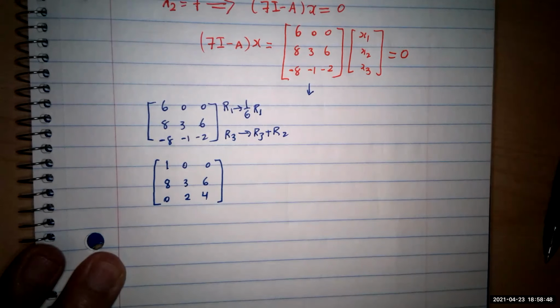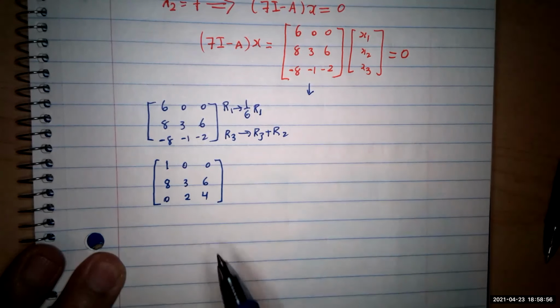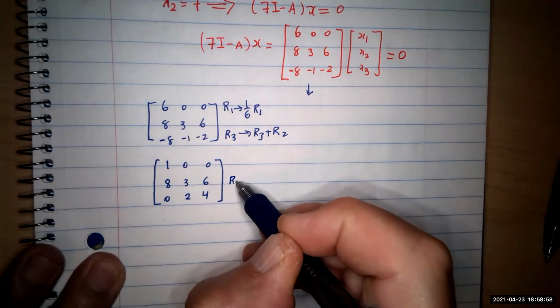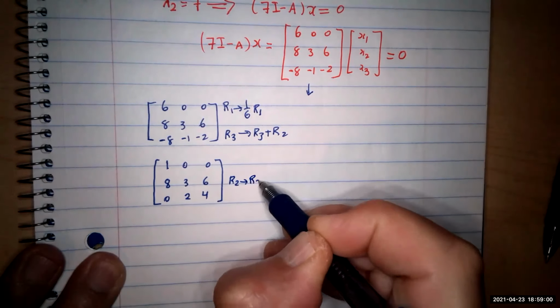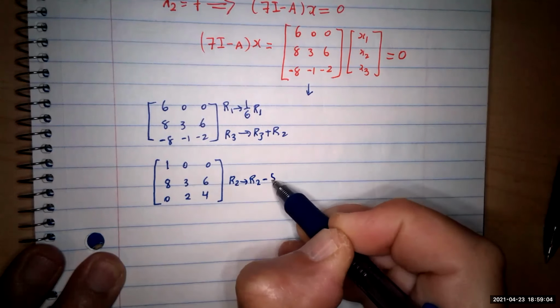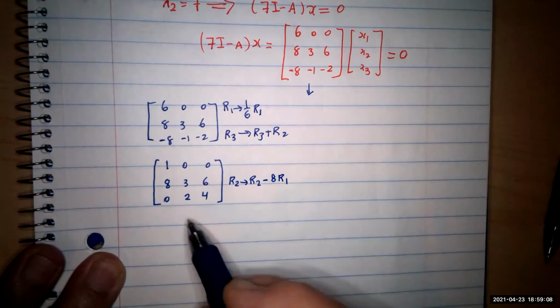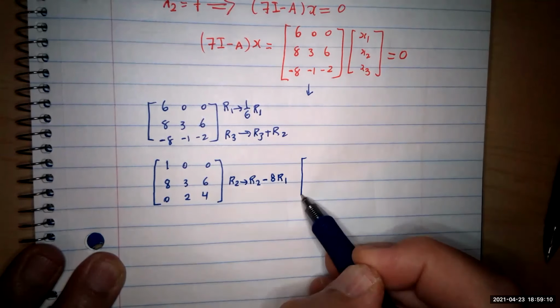And what I need to do is change this one into 0 to continue. That is going to be easy. So it's going to be R2. I change it to R2 minus 8R1.